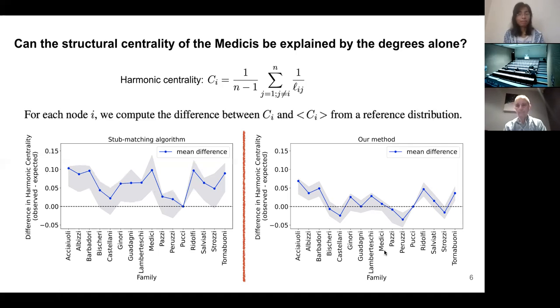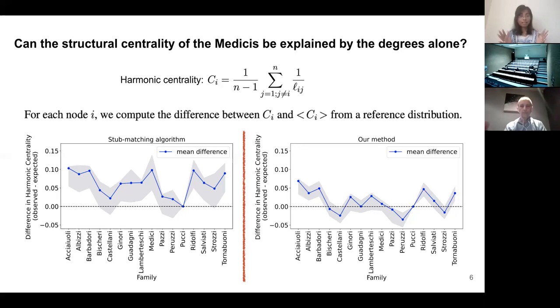And especially for the Medicis, we can see that the difference between the observed and that expected from the reference distribution is almost zero. And so from our experiment, we can conclude that the degree sequence alone is able to explain the structural centrality of the Medici family.